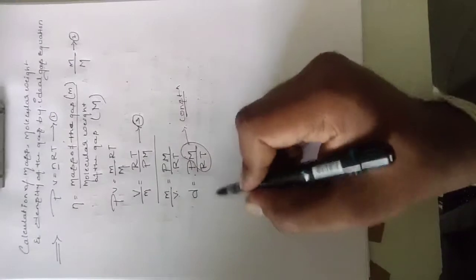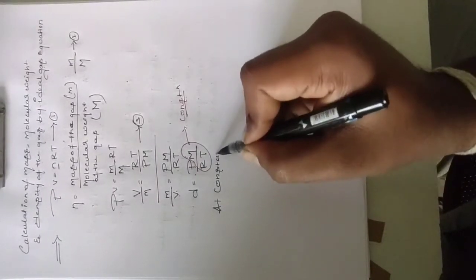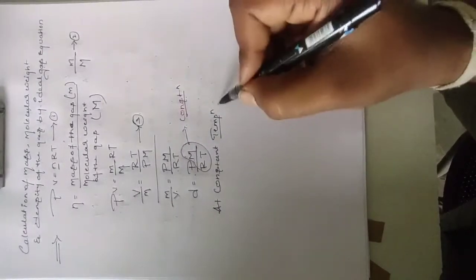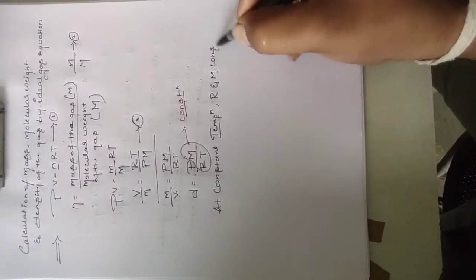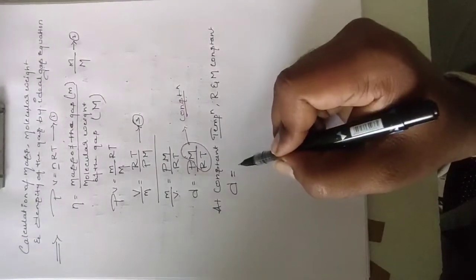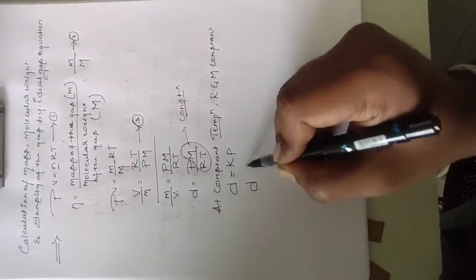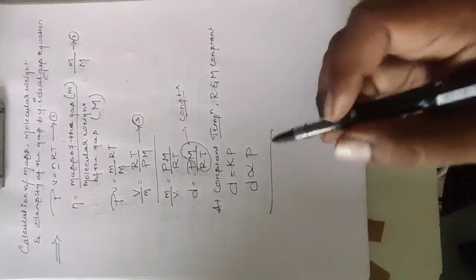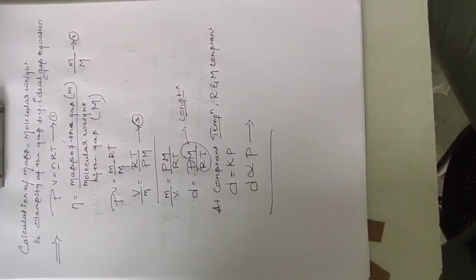At constant temperature, R and M are constant, then d equals KP, or d is directly proportional to P. Density is directly proportional to pressure.